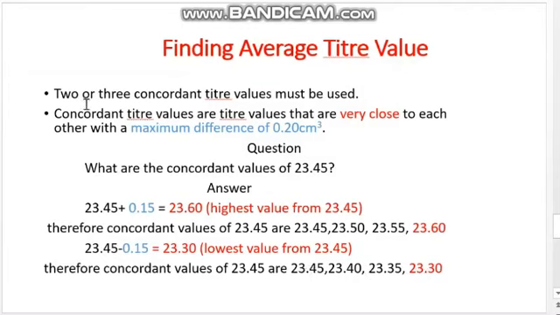What we are looking for is 2 or 3, so you pick any 2 or 3 of your choice. Now, what you must know here is that if you are choosing the increasing side, stay there. Choose your concordant values from the increasing side. When you are choosing the increasing side, don't pick 1 from the increasing side and then go and pick 1 again from the decreasing side. You will land yourself in trouble.